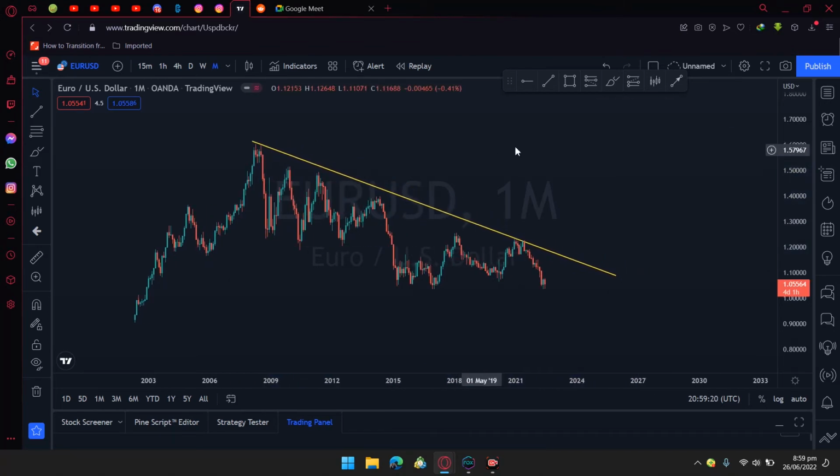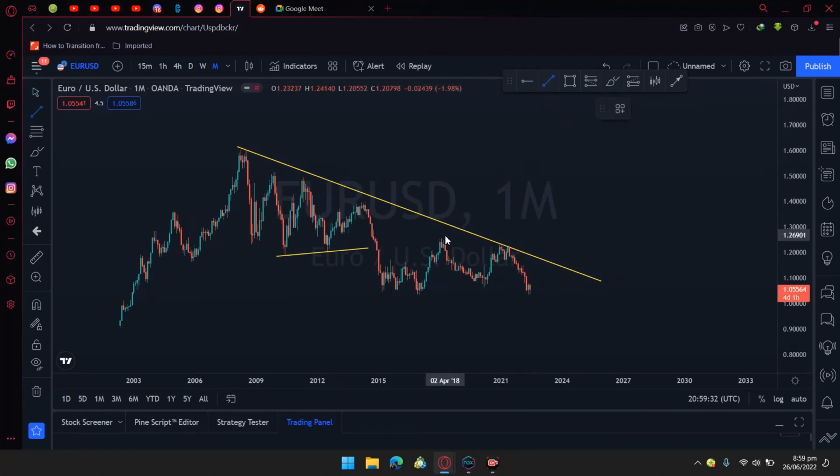So these are our outer structure, and we can identify our corrective phases. We have these levels here, as well as our corrective phases here. We have this and this, two touches here. Also our corrective phase here.